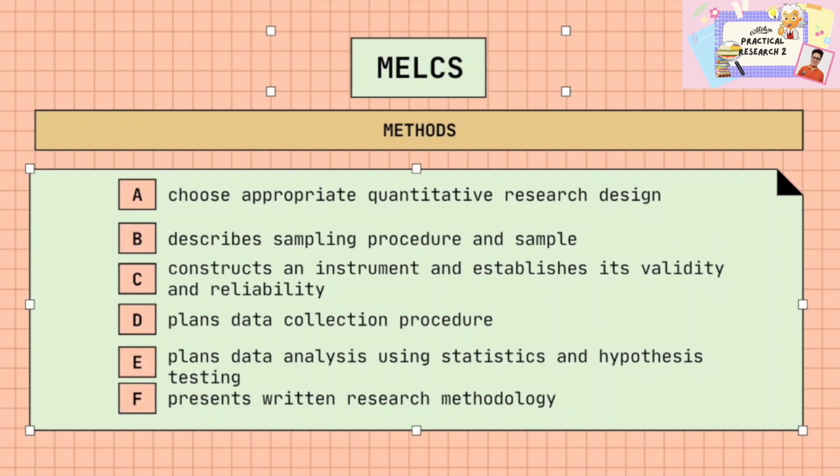The following are: for letter A, choose appropriate quantitative research design, describe sampling procedure and sample or respondents, construct an instrument and establish its validity and reliability, plan data collection procedure, plan data analysis using statistics and hypothesis testing, and present written research methodology.